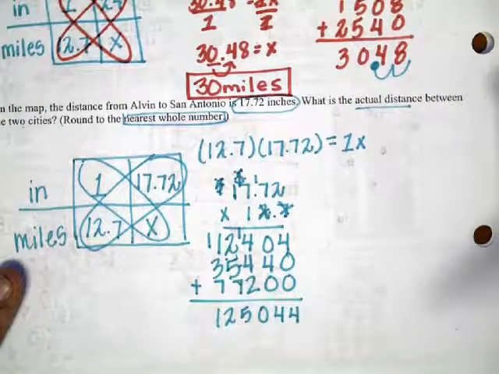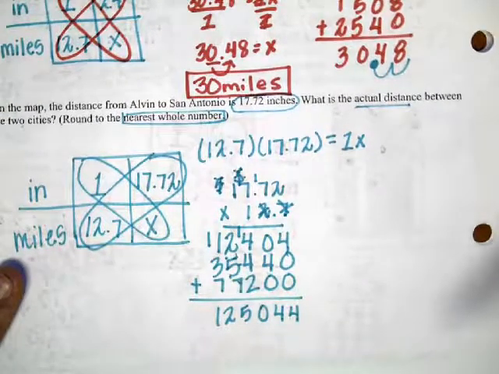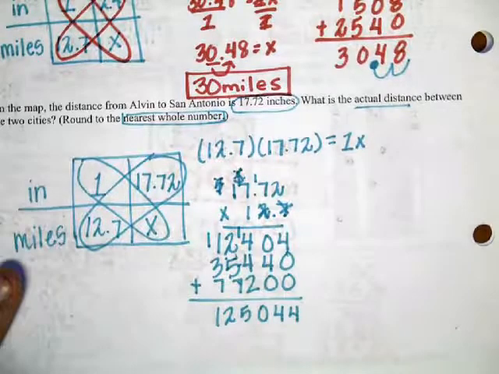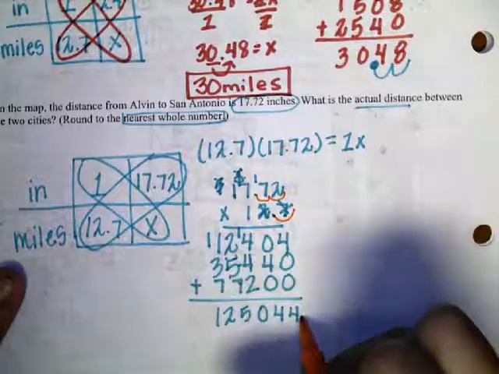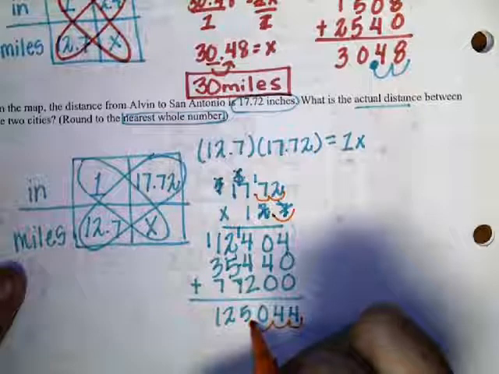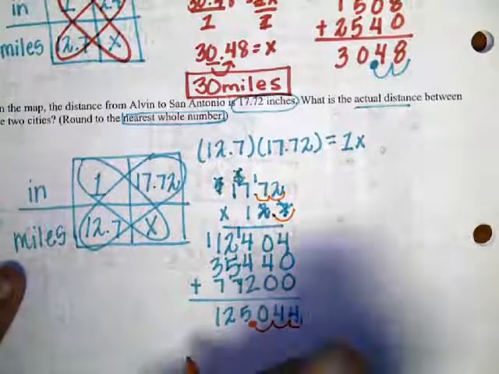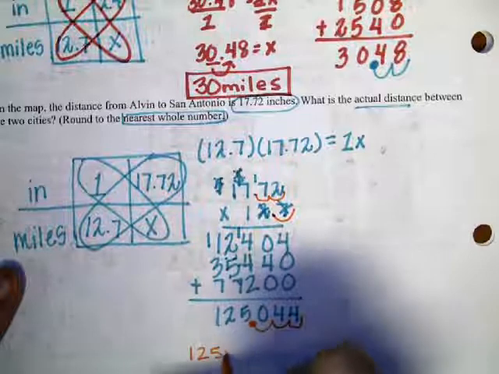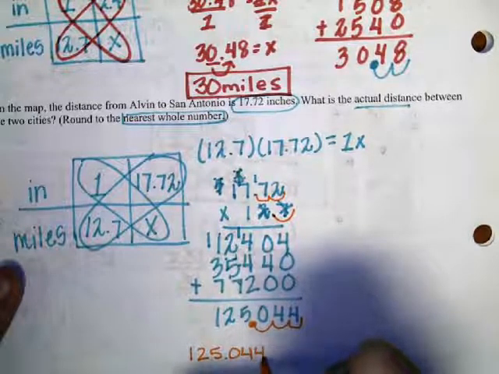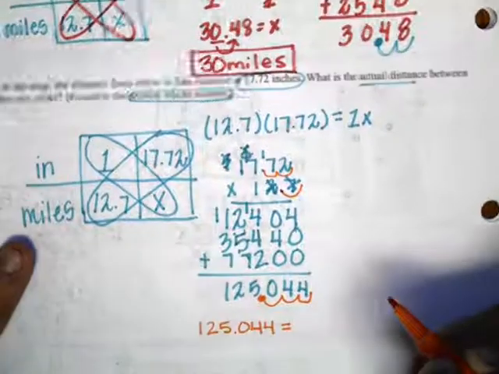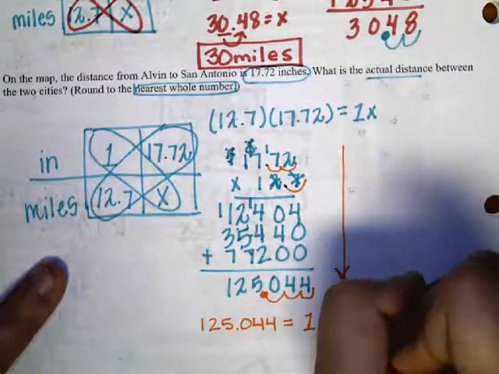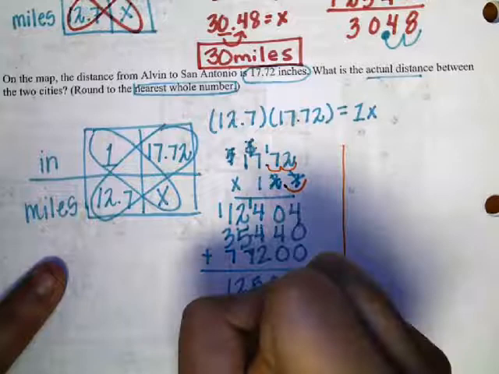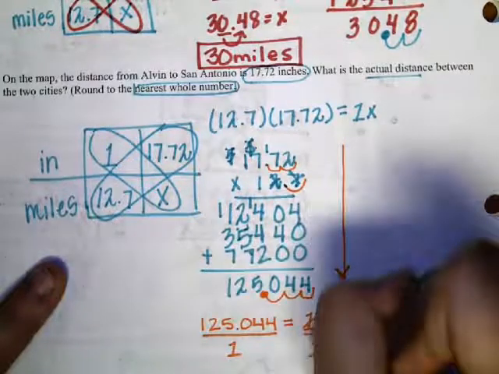Now I get 125,044. But I have 1, 2, 3 decimal spaces. So it's 125.044 equals 1x. Divide by 1.